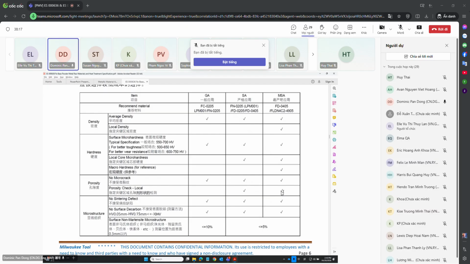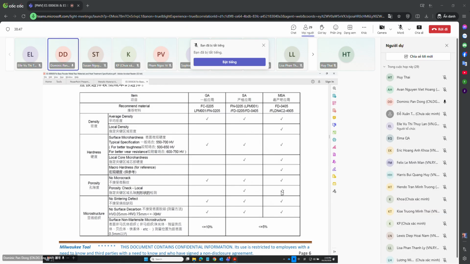For the hardness, we always talk about the outer surface hardness and the local core microhardness. Because of the intrinsic features of the powder metal part, always with lots of small particles inside and lots of porosities, we rely heavily on microhardness, that means Vickers hardness testing.